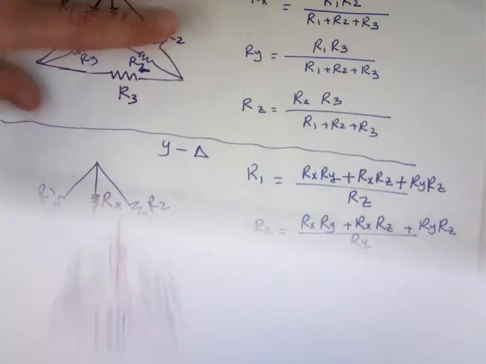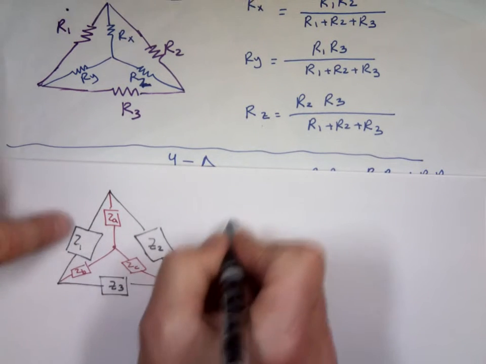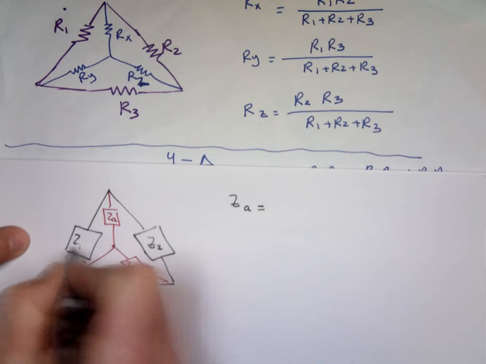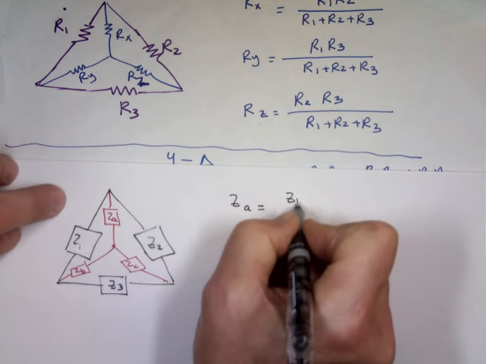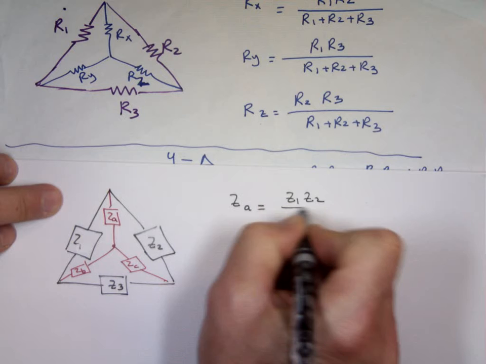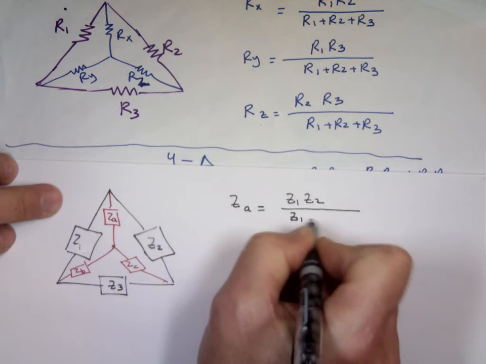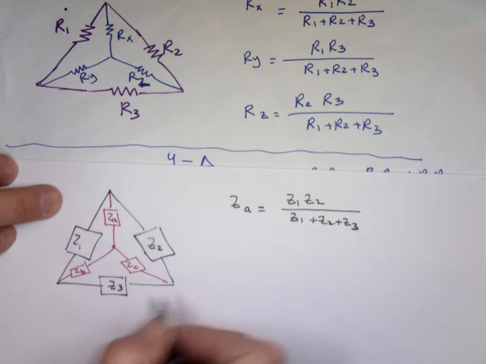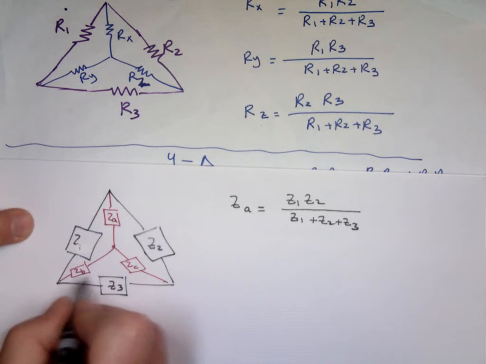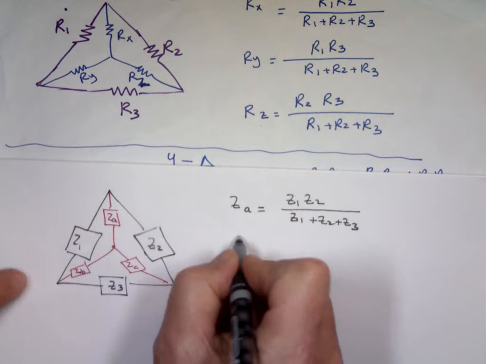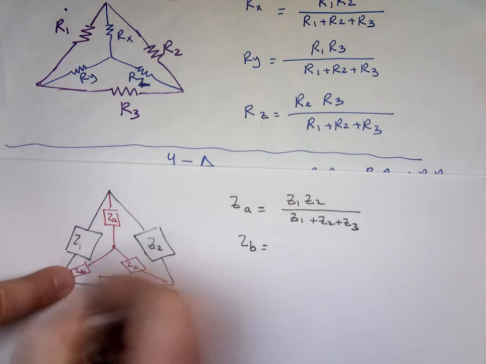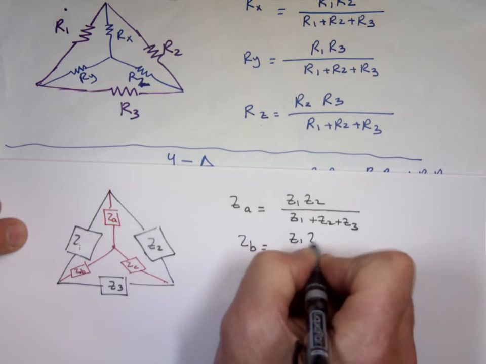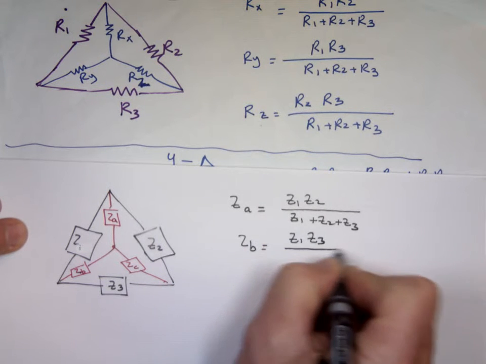Just like the resistor here, ZA is going to be the product of these two, Z1 times Z2, over the sum of them. ZB, that's this one right here, is going to be the product of the two adjacent ones, which is Z1 Z3, over the sum of them.